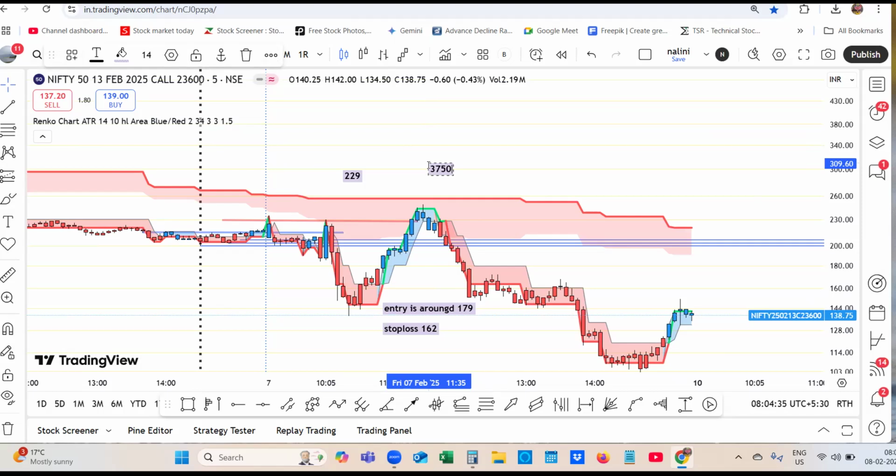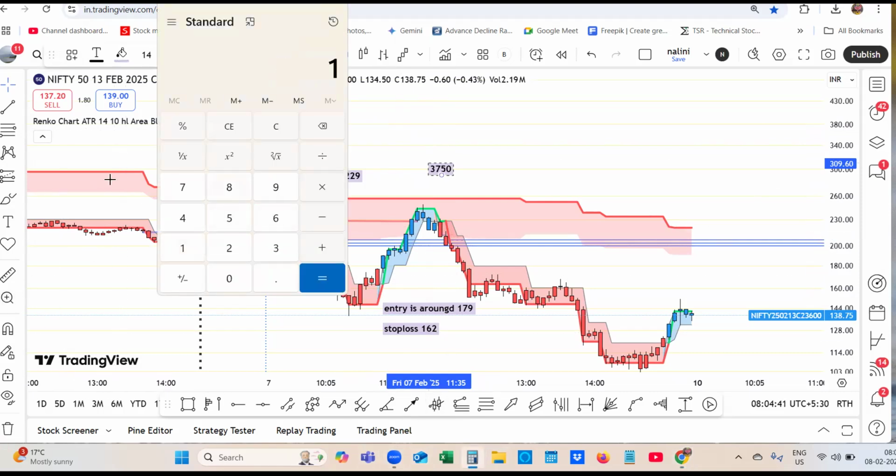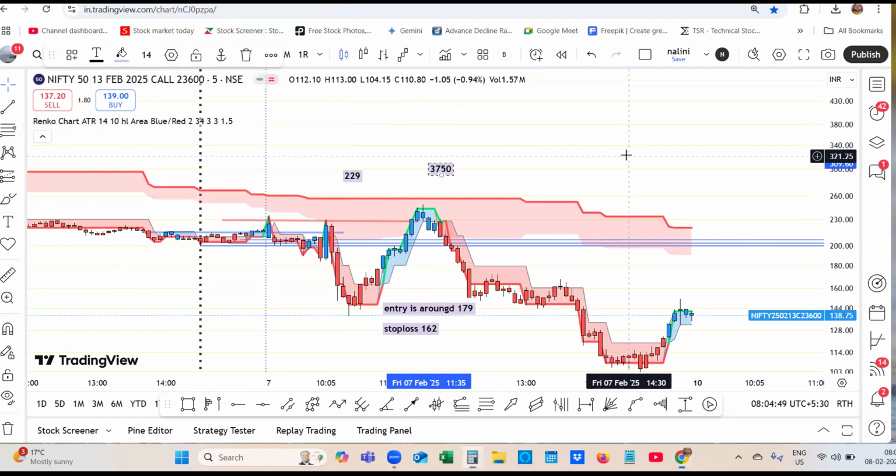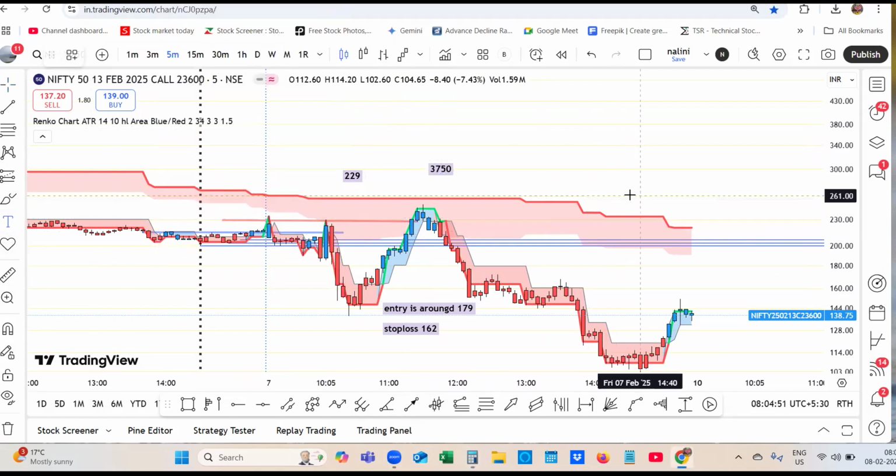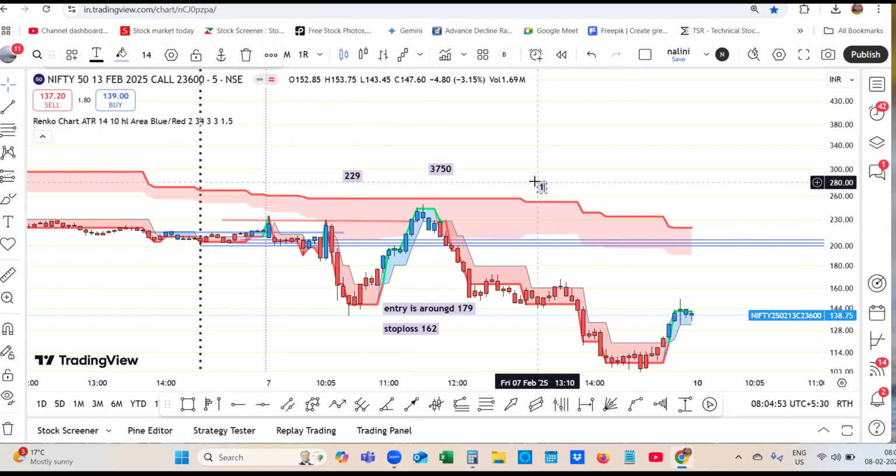For the investment, what you need is 179 into 75. You are putting in 13,425. For 13,425, you are getting 3,750.